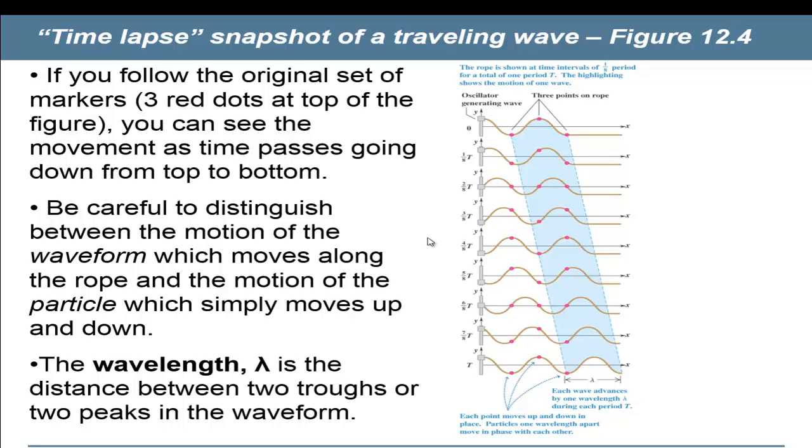The wavelength is the distance between two troughs or two peaks in the waveform. And we use this, introducing another Greek letter for you here, the Greek letter lambda, and that represents wavelength, which you've probably seen in some of your chemistry classes if you've taken chemistry already.